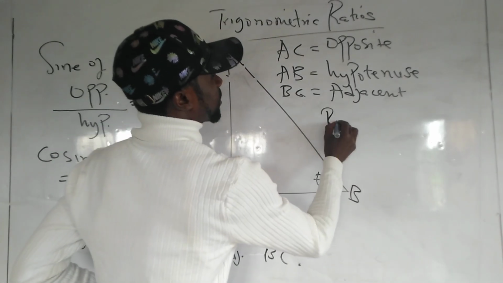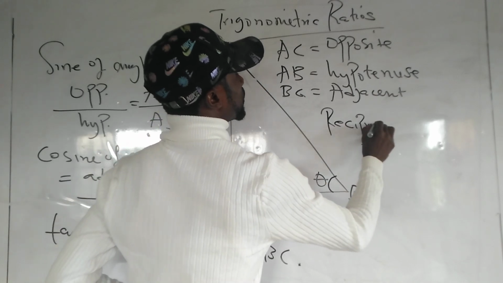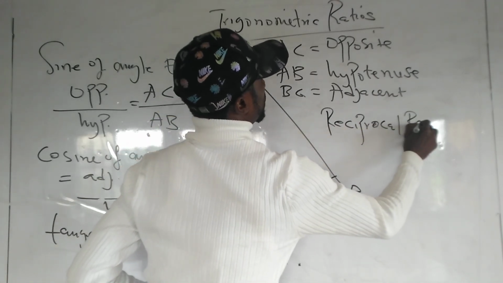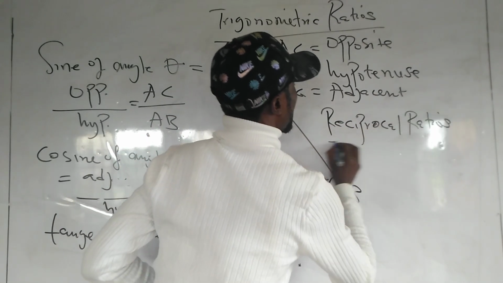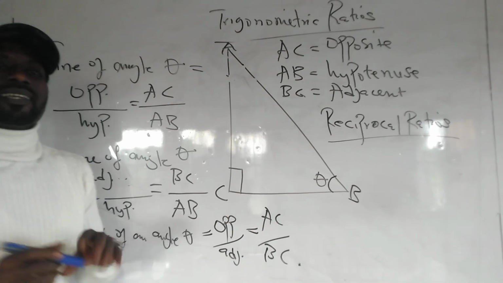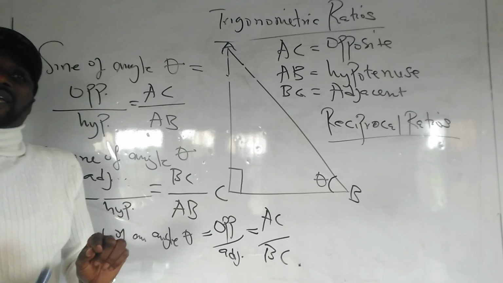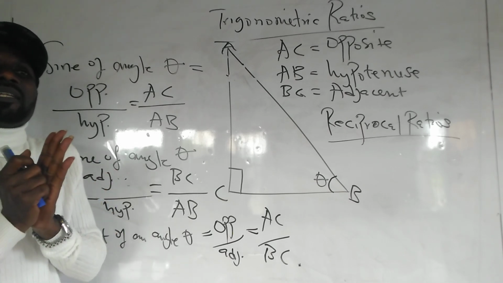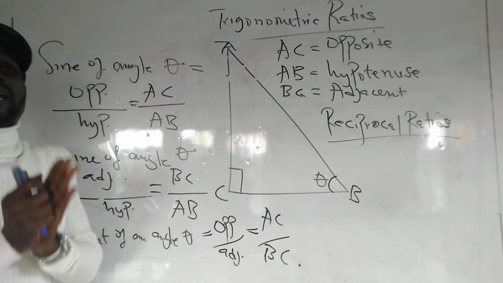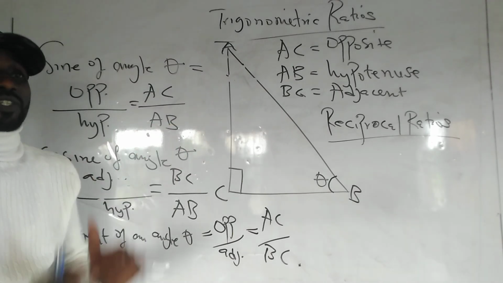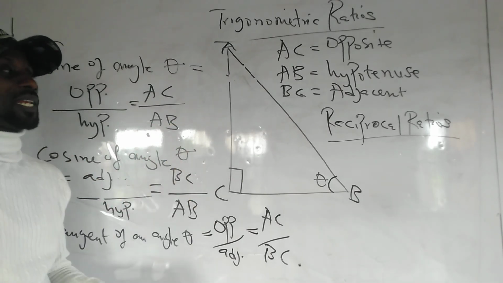We have reciprocal ratios. Reciprocal ratios in the sense that each of these ratios, we can find their inverse, because there are a lot of questions that will ask you to get their inverse.